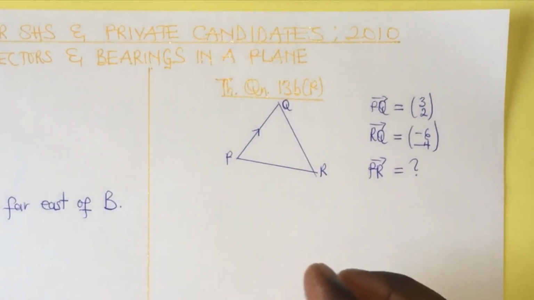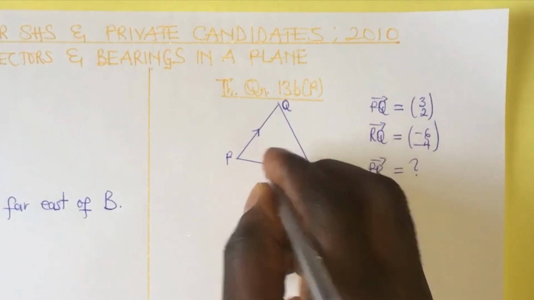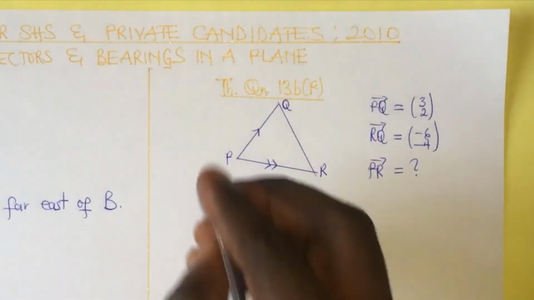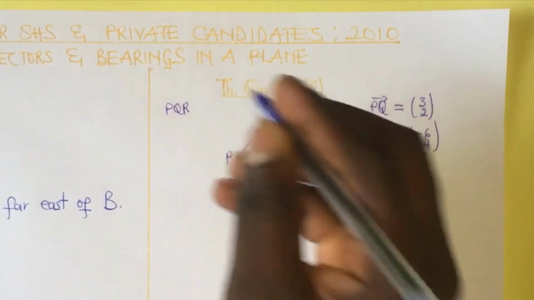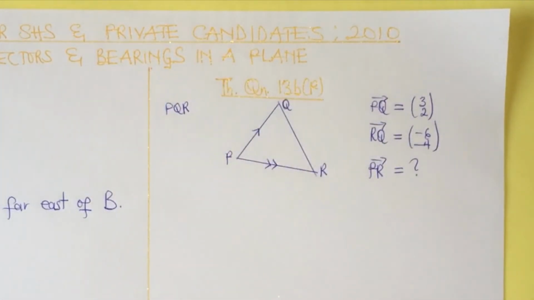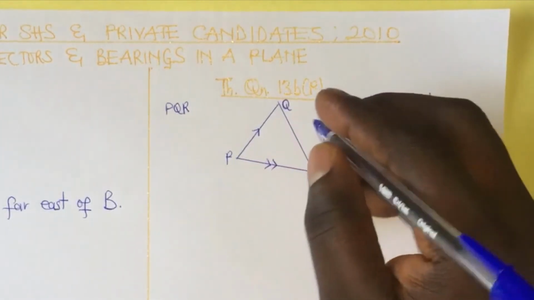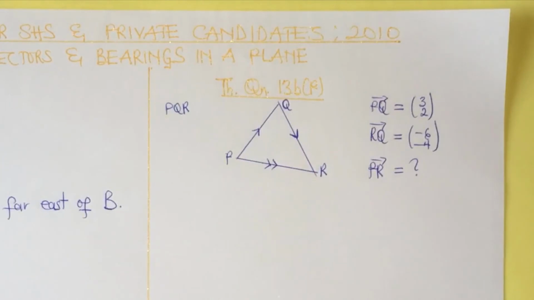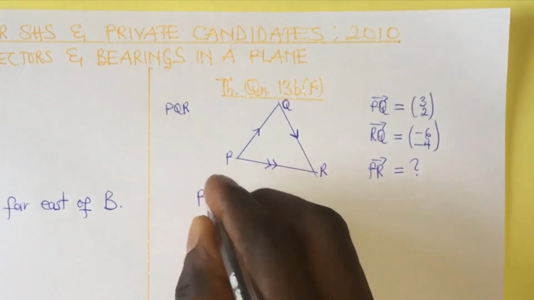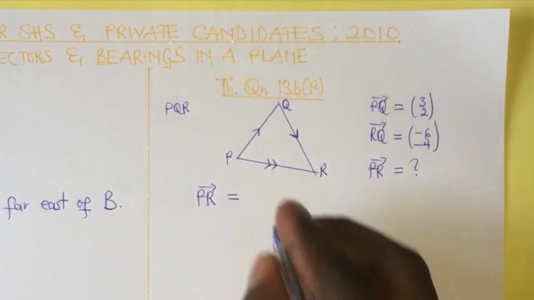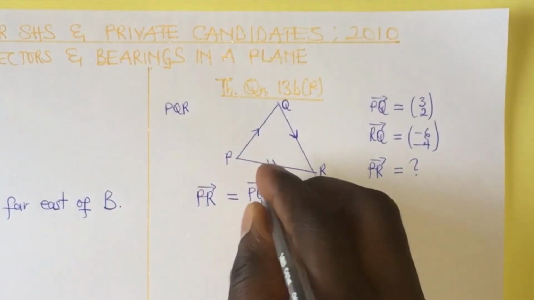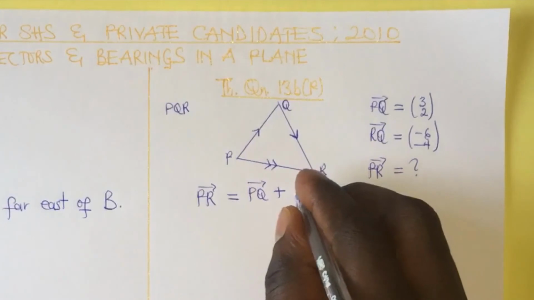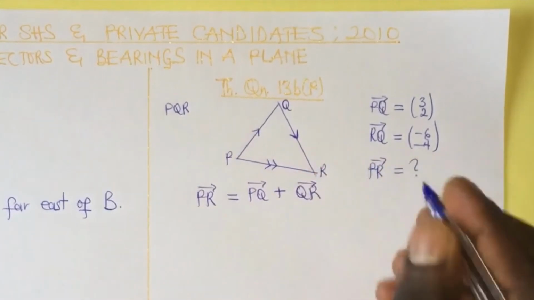Now we know that PR is the resultant vector. We have triangle PQR. So PR is our resultant vector. And we also have this vector QR. So what we can write from the triangular rule is that the vector PR is equal to the vector PQ plus the vector QR.